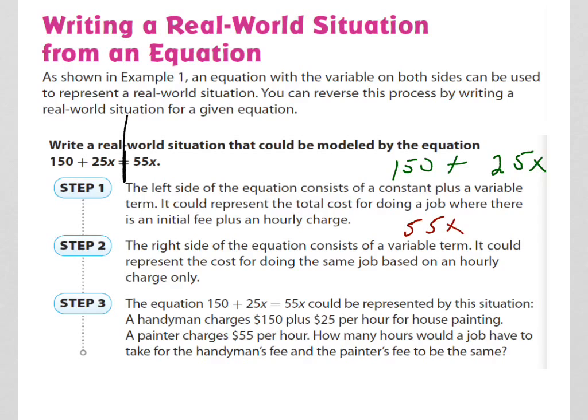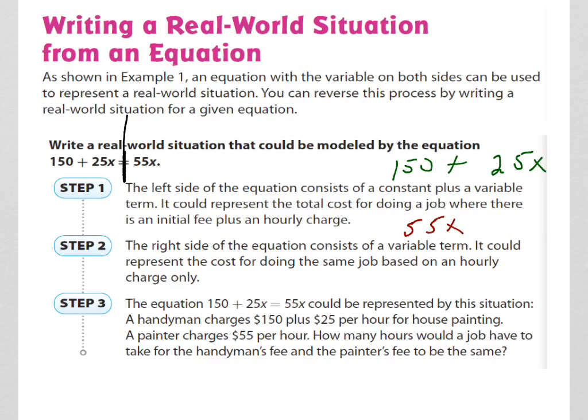we could put this together by saying that this equation, 150 plus 25x is equal to 55x, could represent a handyman charging $150 to give you an estimate, maybe, plus $25 an hour to paint your house.